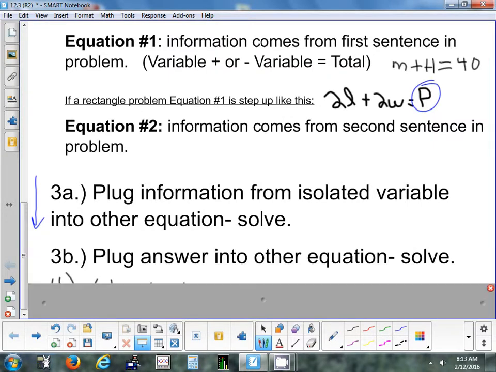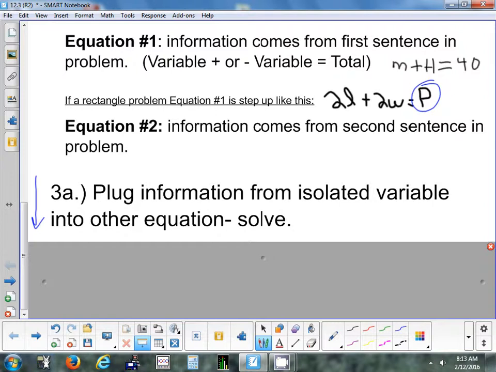So we're not going to write out all the steps for how you plug things in, distribute. But after you do step 3A, you're going to know one of your letters. How many letters are we usually solving for?